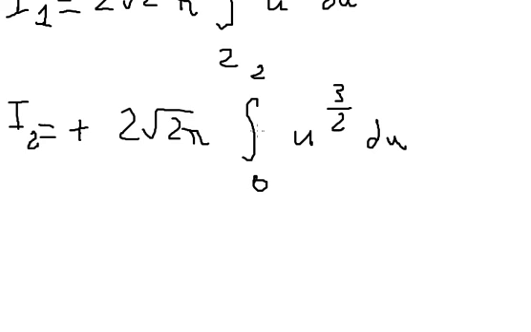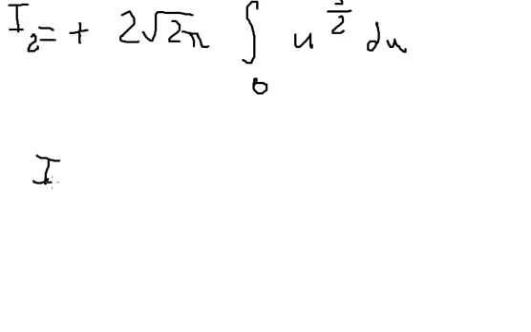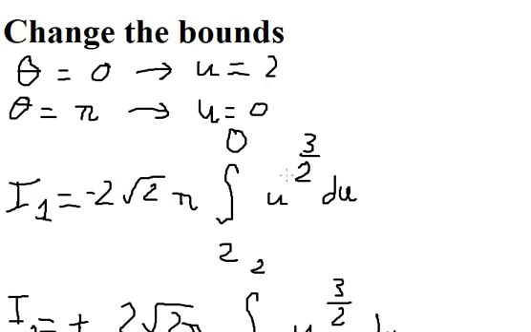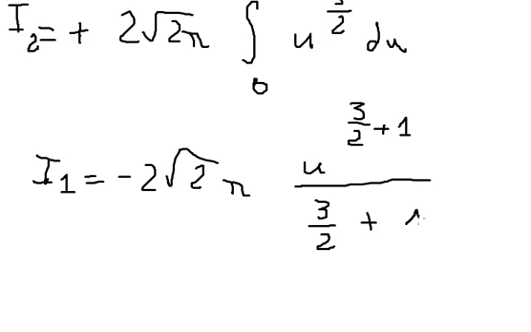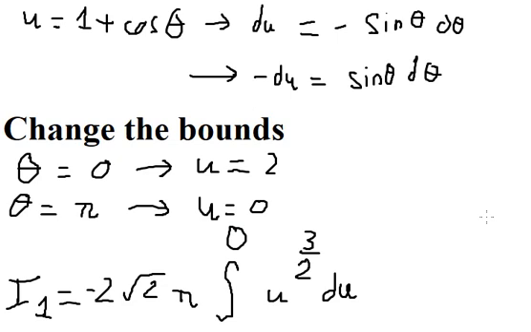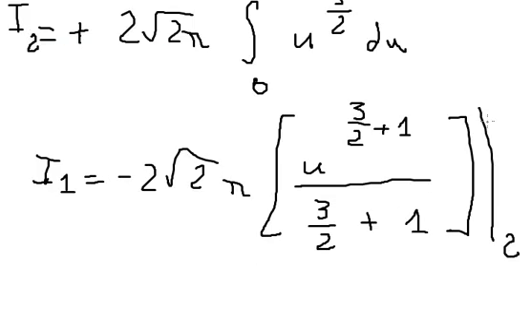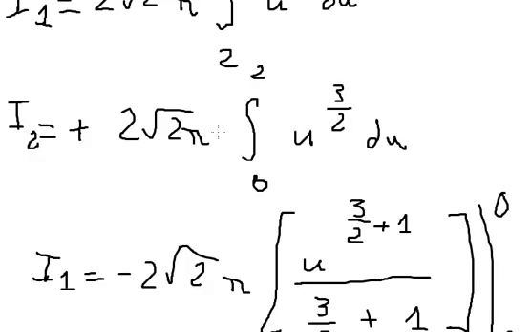The first one, we have u to the power of 3 over 2 plus 1, over 3 over 2 plus 1, and we put the bounds from number 2 to number 0. Similar for the second one.